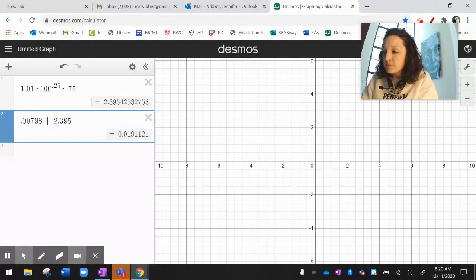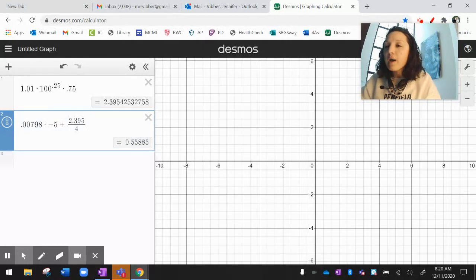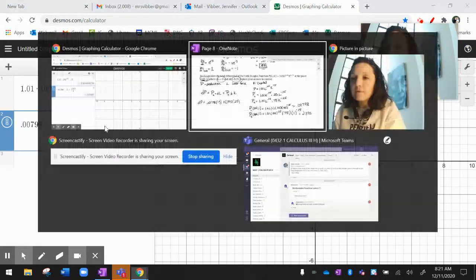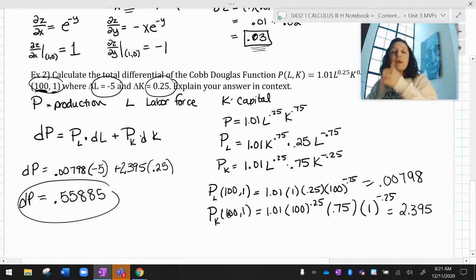0.00798 times -5 plus 2.395 divided by 4, because it's times a quarter. There we go. 0.55885. All right. And in a very simplistic context, what does this really mean?